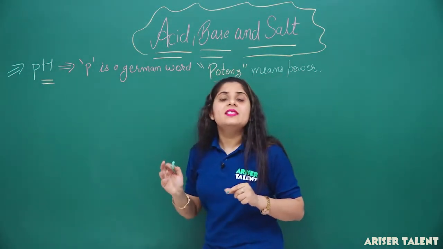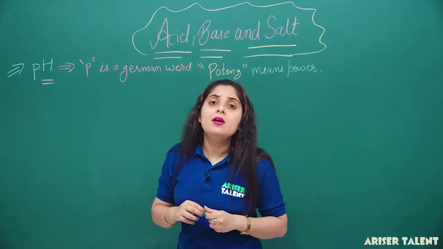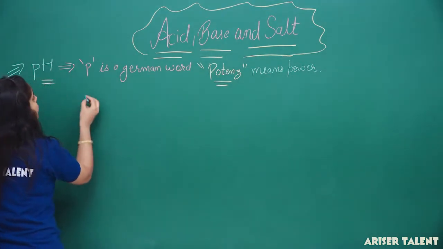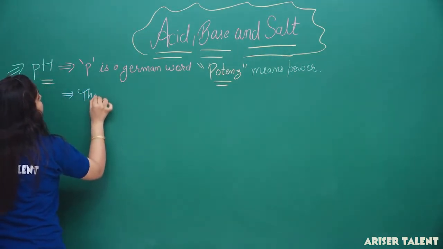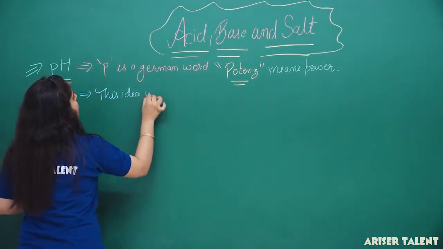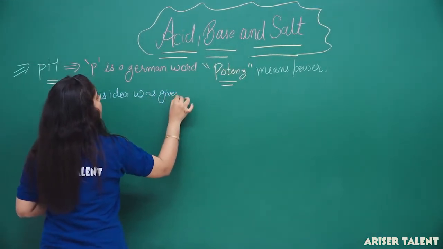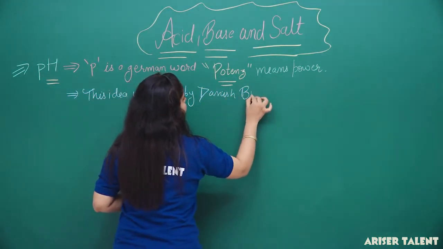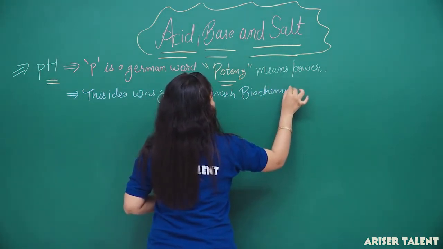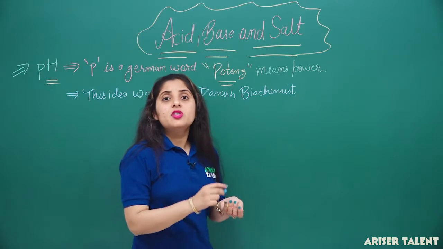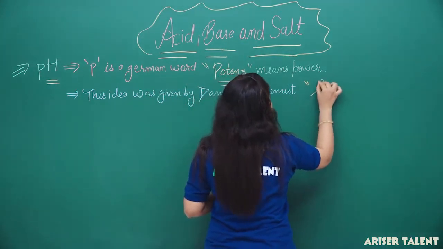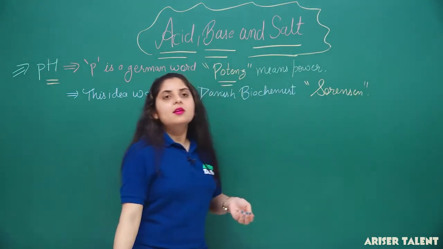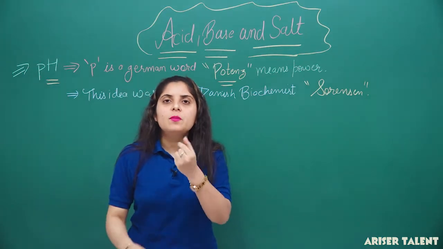This idea was first given by a Danish biochemist, and the name of the Danish biochemist was Sorensen. What gave him the idea for calculating the pH of a solution?